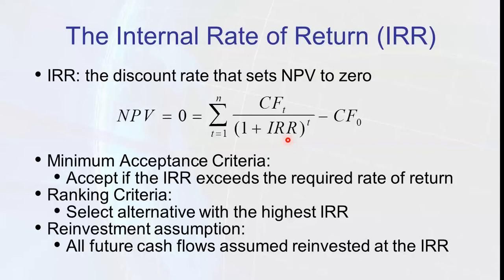The minimum acceptance criteria for IRR is basically we're going to be accepting the project if the IRR is greater than the cost of capital. So IRR must be greater than the cost of capital. If we are talking about independent projects, we're going to be accepting all the projects that have IRR equal to or greater than the discount rate.